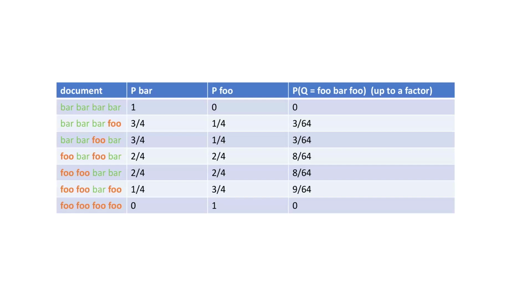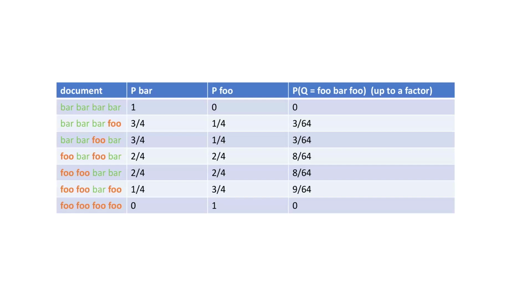Then 3 quarters, so 3 squared is 9, times 1, that's 9. So we have 9 divided by 64, and then 1 times 1 times 0, so we have a probability of 0. Now you see the maximum is 9 over 64.